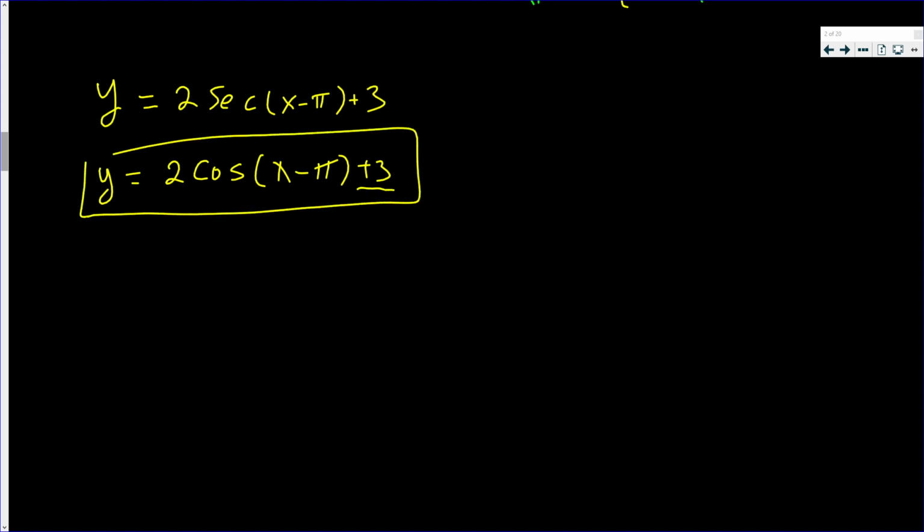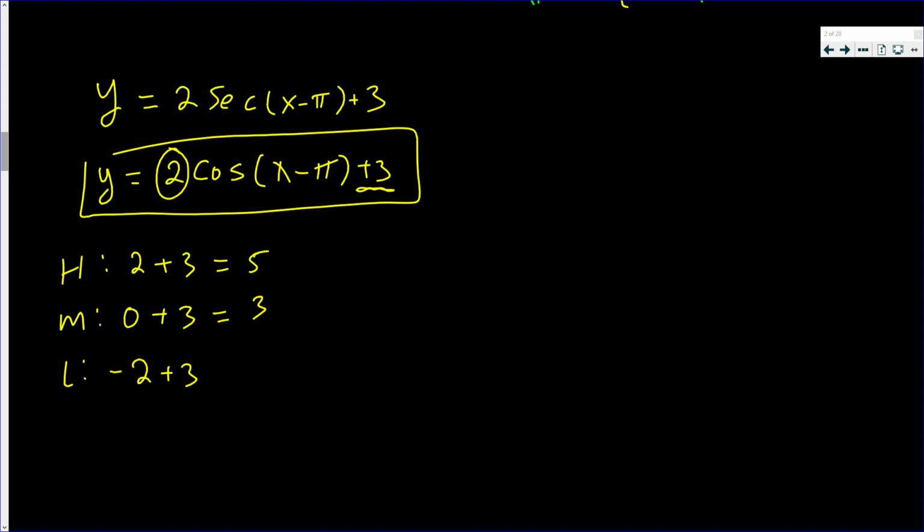So we want to graph this. And since we have this plus 3, we have to do the high, the medium, and the low. Usually, the high is the absolute value of 2. The low is negative the absolute value of 2. The middle is 0. But somebody went and added 3 to all y values. So the high is 5 now.